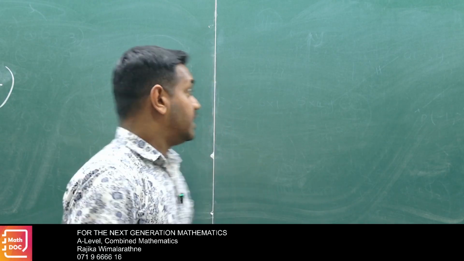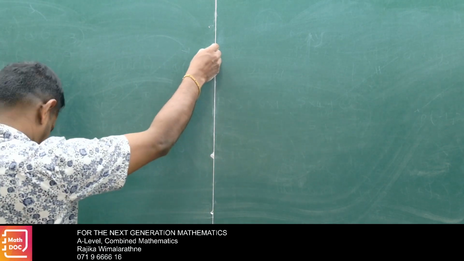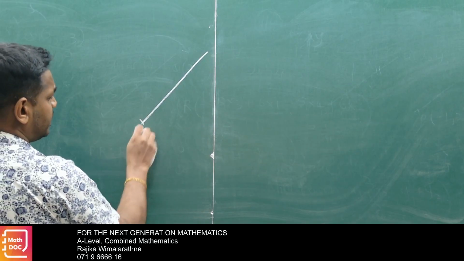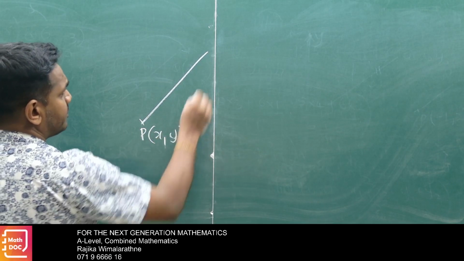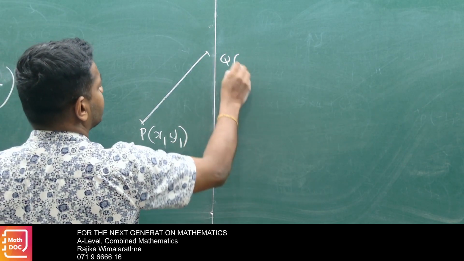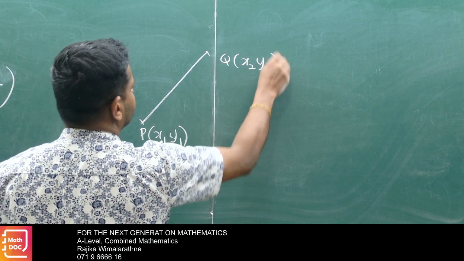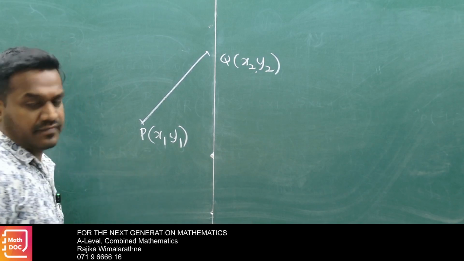Okay. Now here external division. Take P as x1 comma y1, take Q as x2 comma y2. See this one clearly.